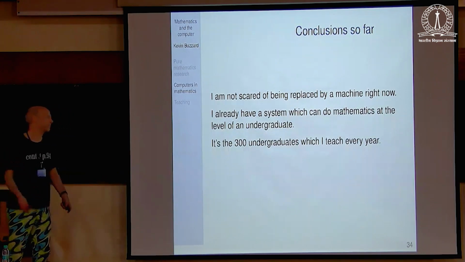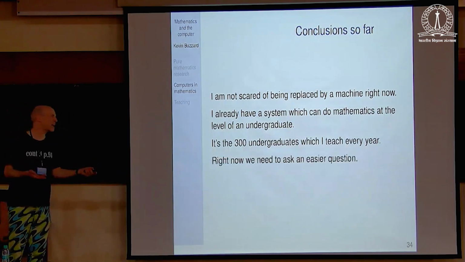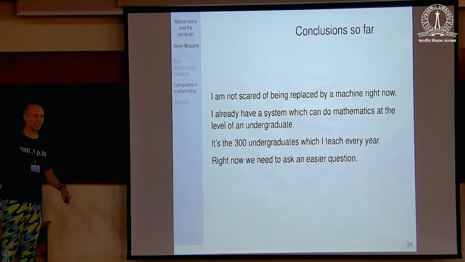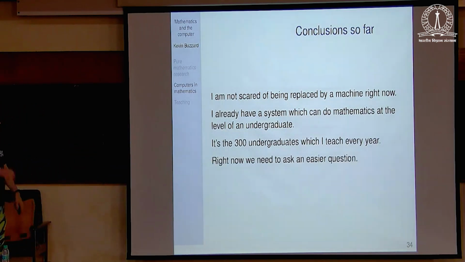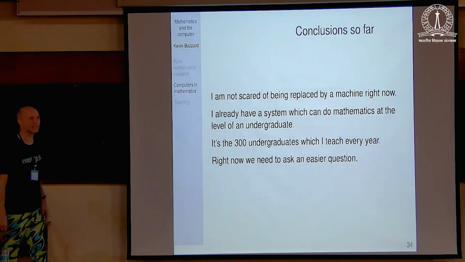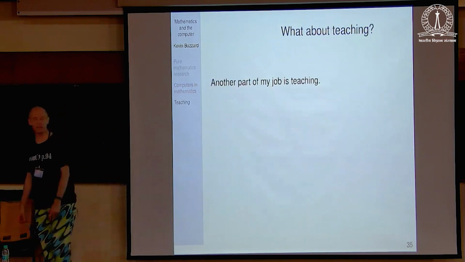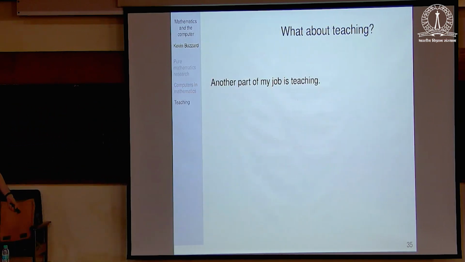So maybe right now, undergraduate level, fine. Research level looks impossible. Sometimes you can't just say, okay, now do research level, right? You have to find the right question. So we need to find an easier question, so I'm going to spend the last 15 minutes talking about an easier question. And so what do these things do?